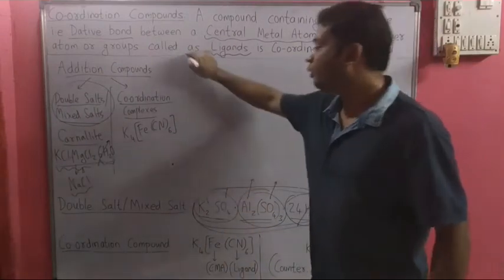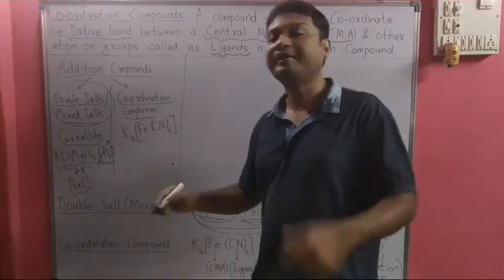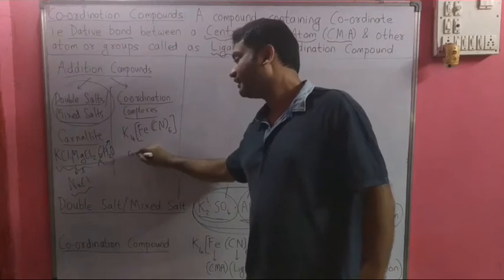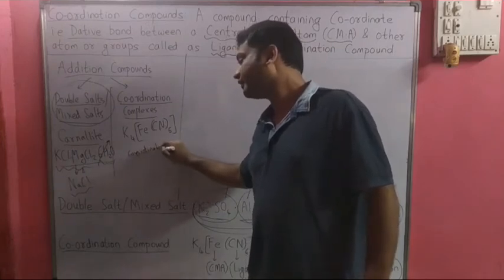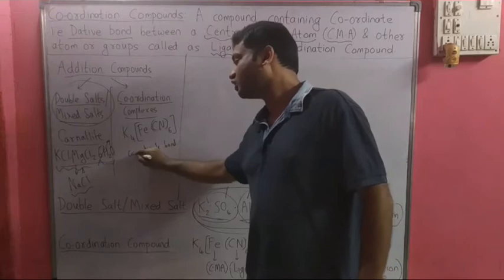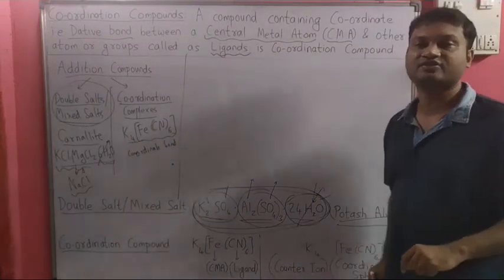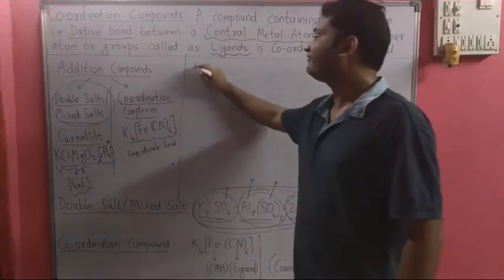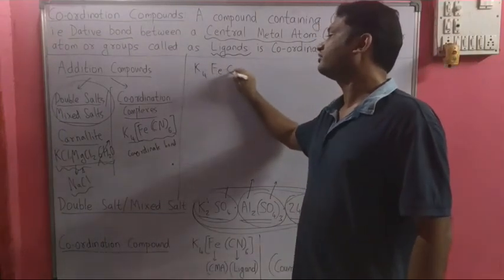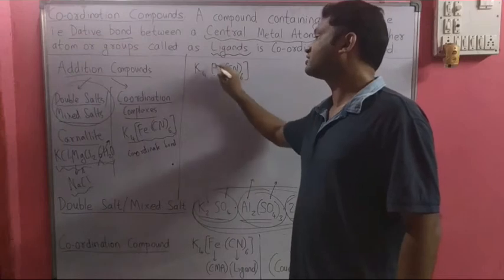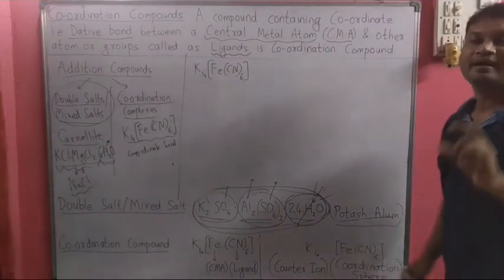This is a coordination compound. Why? Because it has a coordinate bond in it. Let us see the structure of this species, K4[Fe(CN)6], which is a coordination compound.